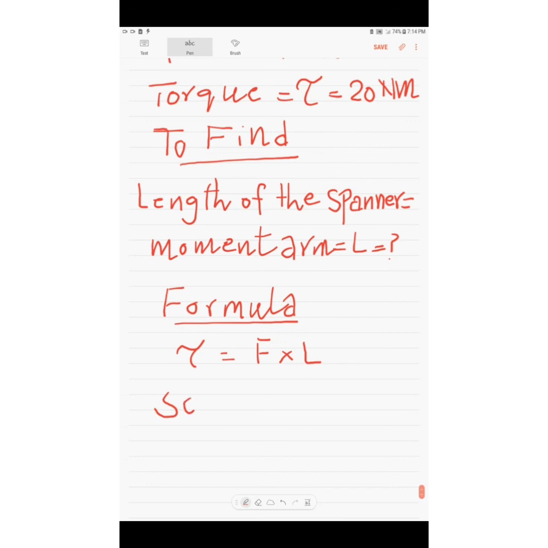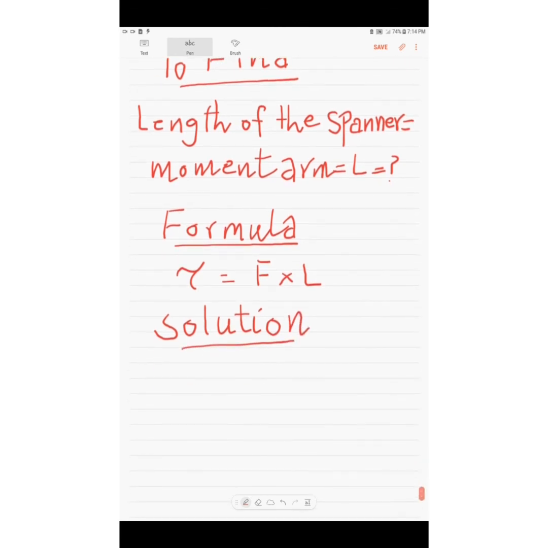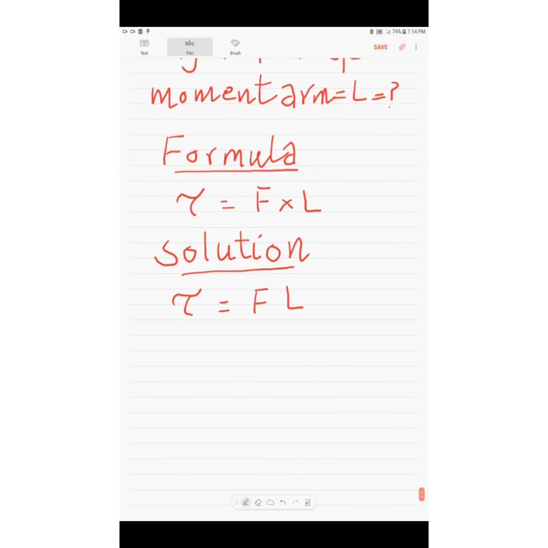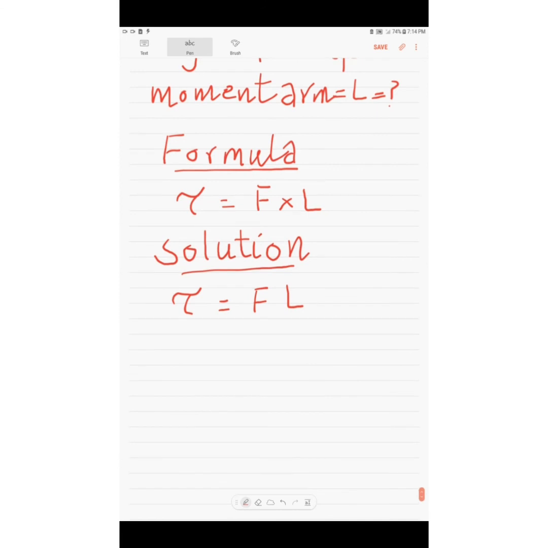Solution. Underline it. Write down the formula again. Tau is equal to F into L. Arrange this formula. Separate the symbol which you have to calculate.